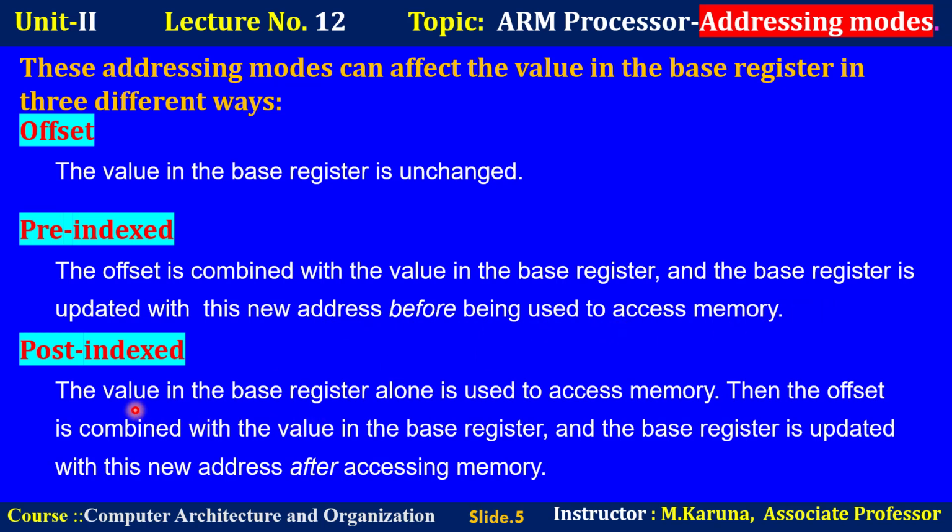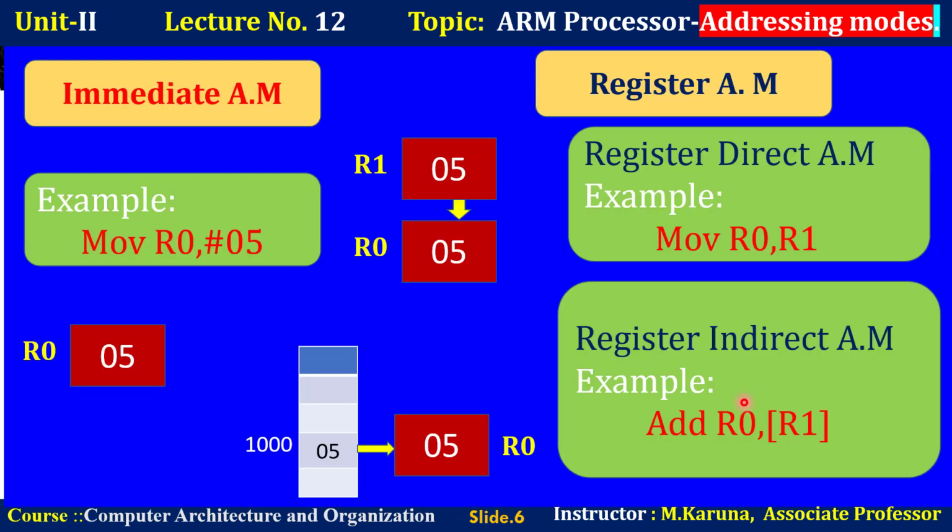Here, first get the data from the memory location at the address specified in the base register, and then the offset will be added to the content of the base register to get the next number. Likewise, it will be updated with the new address after accessing the first element. Let us see one by one with examples.